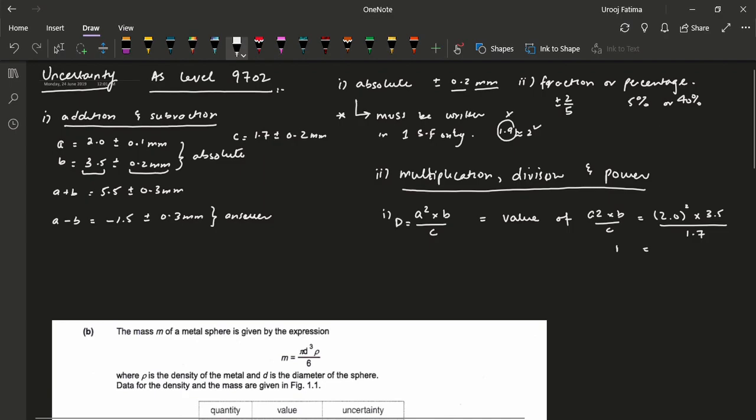So the value of d would be, let me just quickly do it on my calculator.